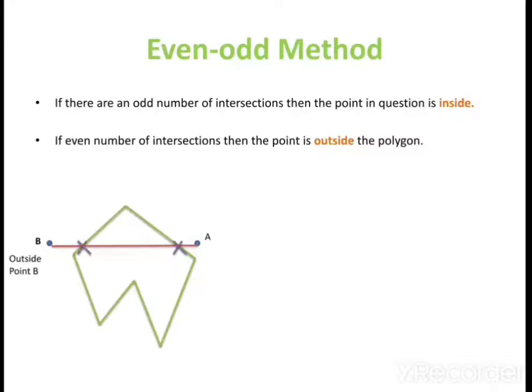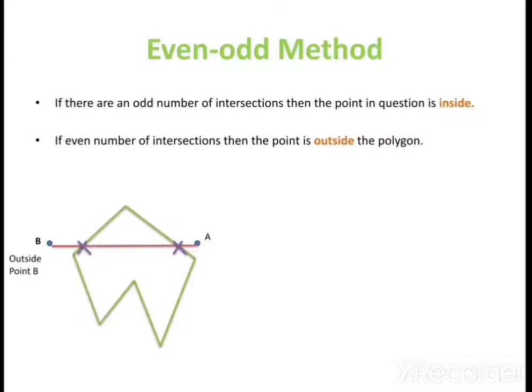How many intersection points are we having with this line? Here we are having 2 intersection points, which means the line AB is intersecting that polygon at 2 points. This is 1, this is 2. So by these 2 intersection points the count becomes 2, that is nothing but even, and that is why we can say that this point A is completely outside of that polygon.